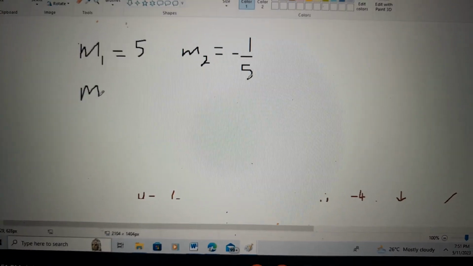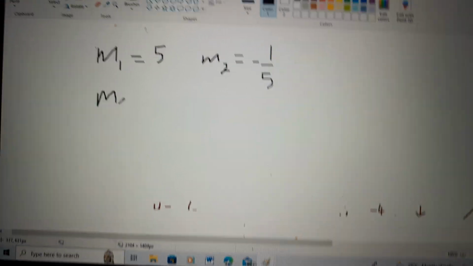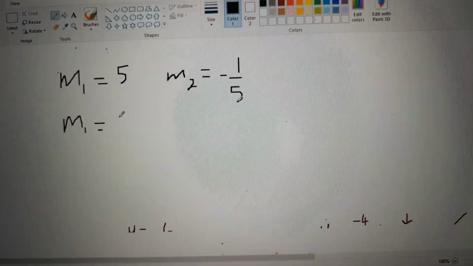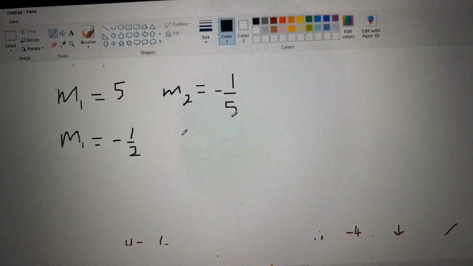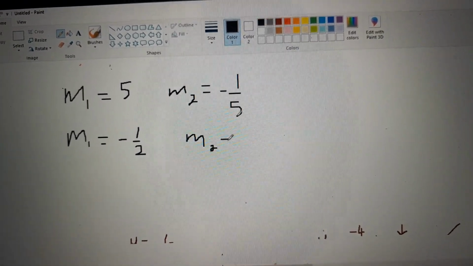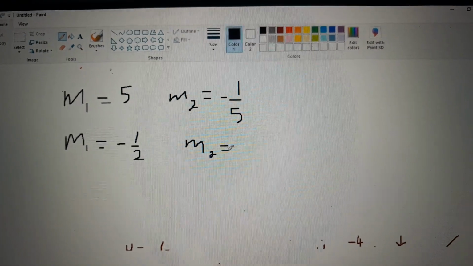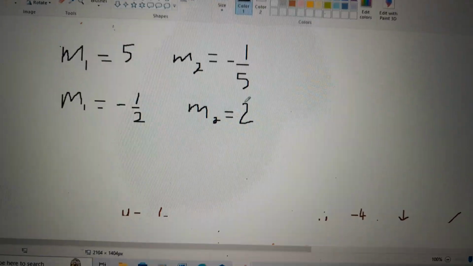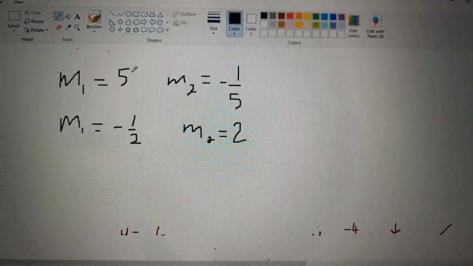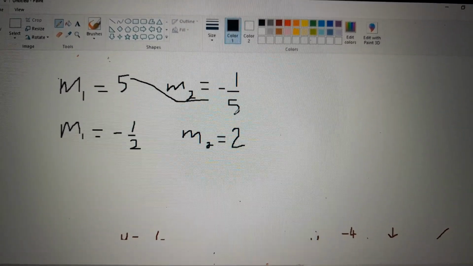So if the gradient of the tangent, and I need someone else to answer, is -1/2, what would the gradient of the normal be? +2. Wonderful, wonderful. Because when you multiply these two gradients, you must always get -1, right?